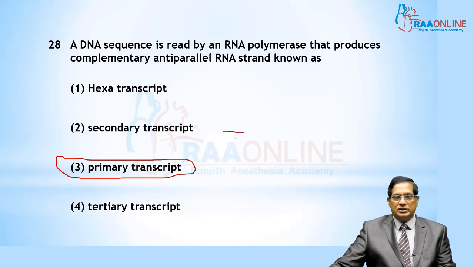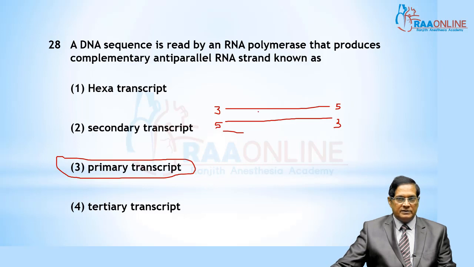I have already mentioned this is a double stranded DNA molecule with polarity 5 to 3 and 3 to 5, and from the 3 to 5 strand, the RNA polymerase enzyme forms the RNA molecule.